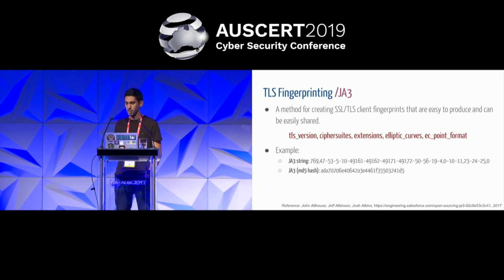The composition of the parameters we used for the fingerprint is almost the same as fingerprint TLS. And we put all these things together and hash it with MD5, so it's easier to share and implement on different devices and tools.